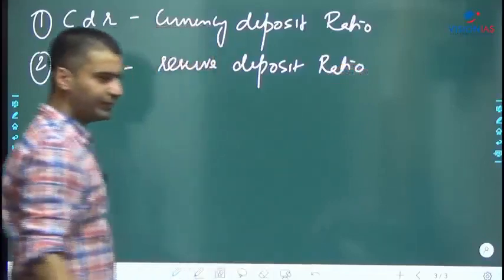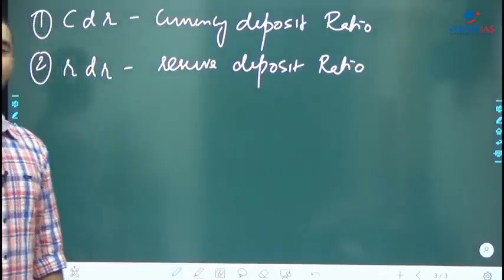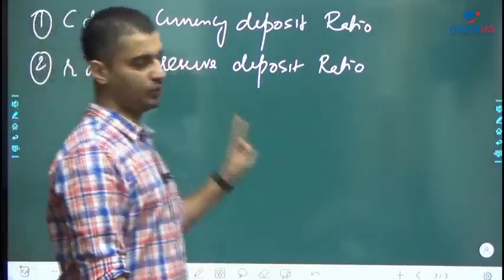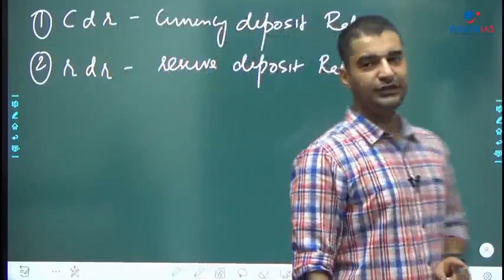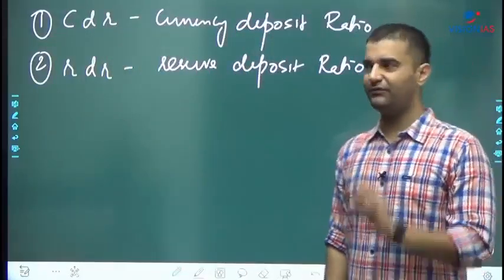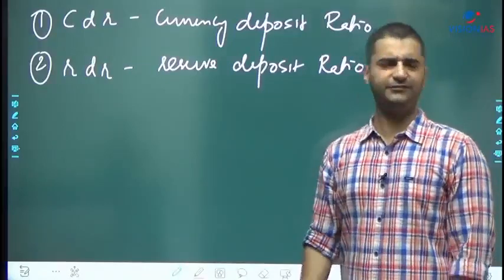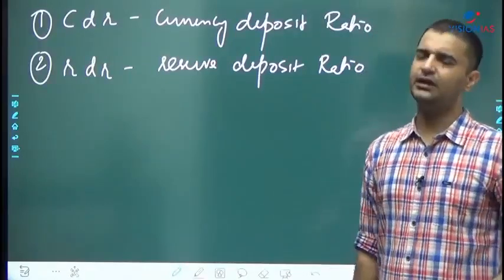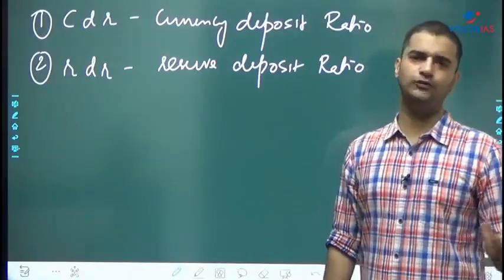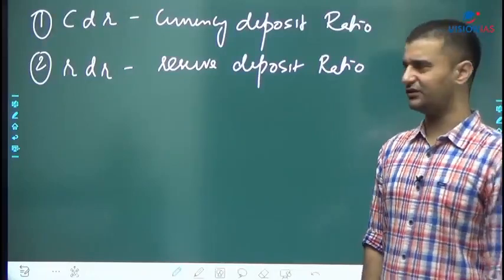These two terms have been asked multiple times in our prelims examination, so both these terms are very important. Please pay full attention here: what CDR is, what RDR is. Very easy, extremely easy. But still, I don't know why many people make mistakes in such easy questions.